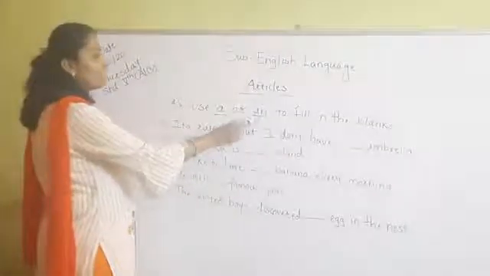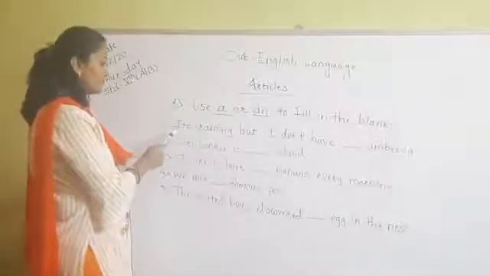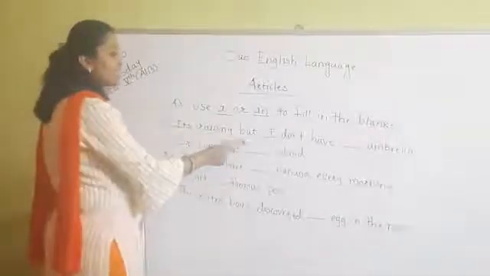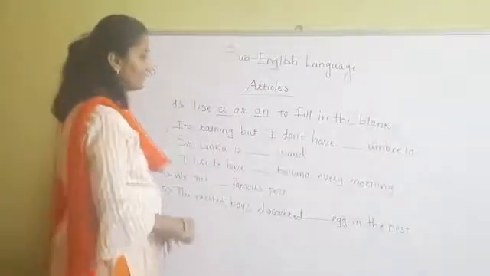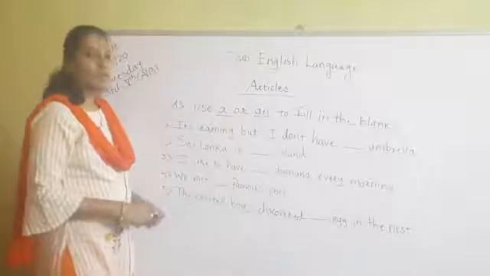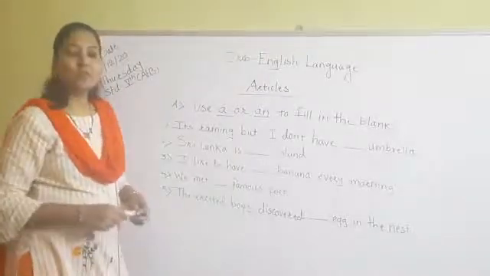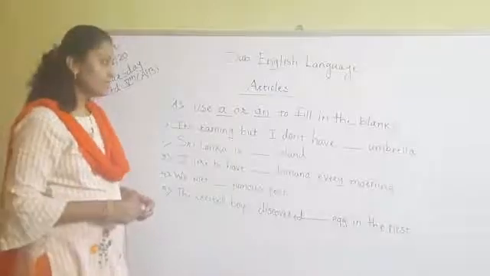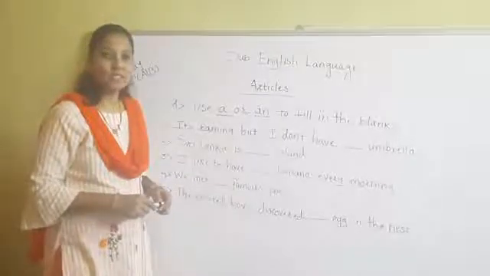Students, see this question. Use a or an to fill in the blanks. Now the first sentence is, it's raining but I don't have dash dash umbrella. To solve this question, students, you have to keep in mind whether the spelling starts with a vowel sound or a consonant sound.